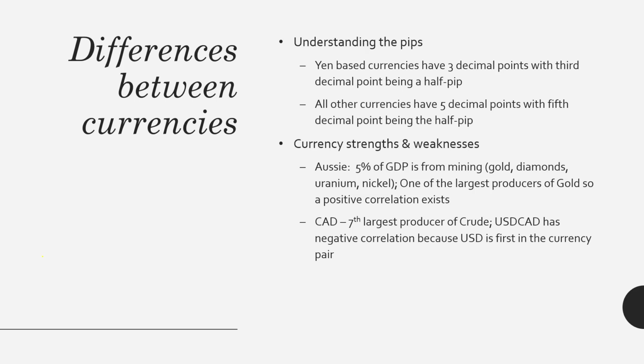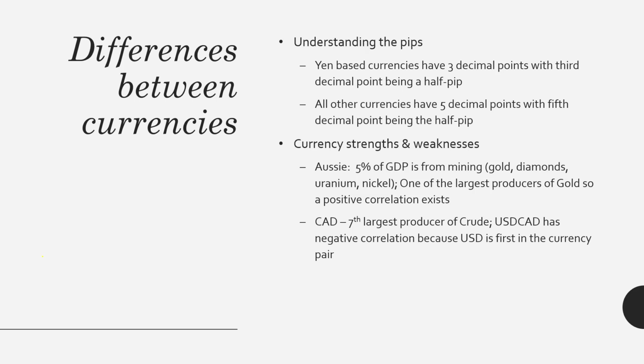All of the other currencies have 5 decimal points, with the 5th decimal point being considered the half pip. So you really want to pay attention to the 4 decimal points. The last one is not considered a full move because it is a half pip.